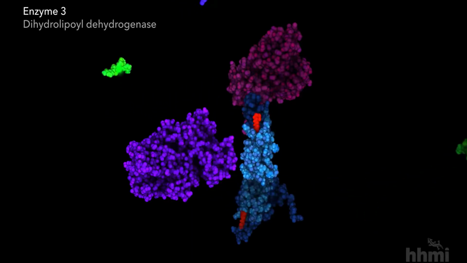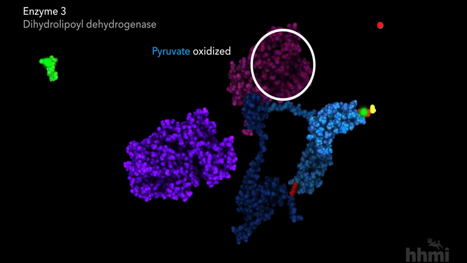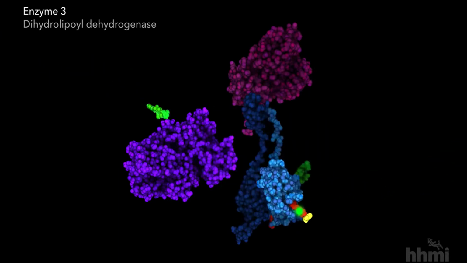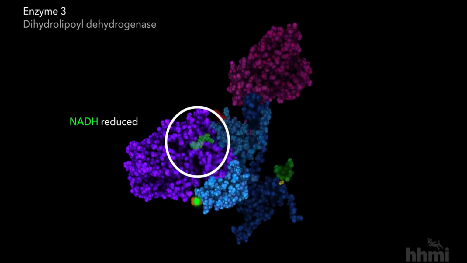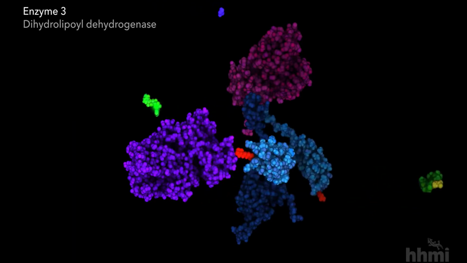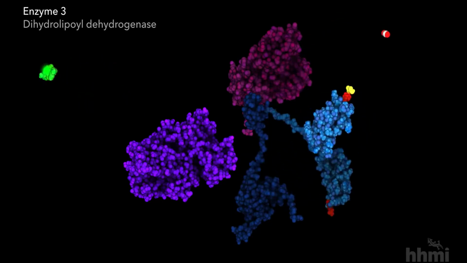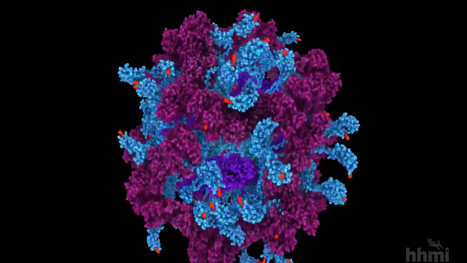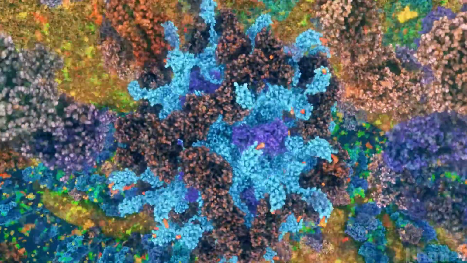Coenzyme NADH travels through the matrix, delivering electrons for the electron transport chain. In a sequence of reaction steps, the pyruvate dehydrogenase enzyme complex generates fuel for aerobic respiration reactions of the citric acid cycle and the electron transport chain.